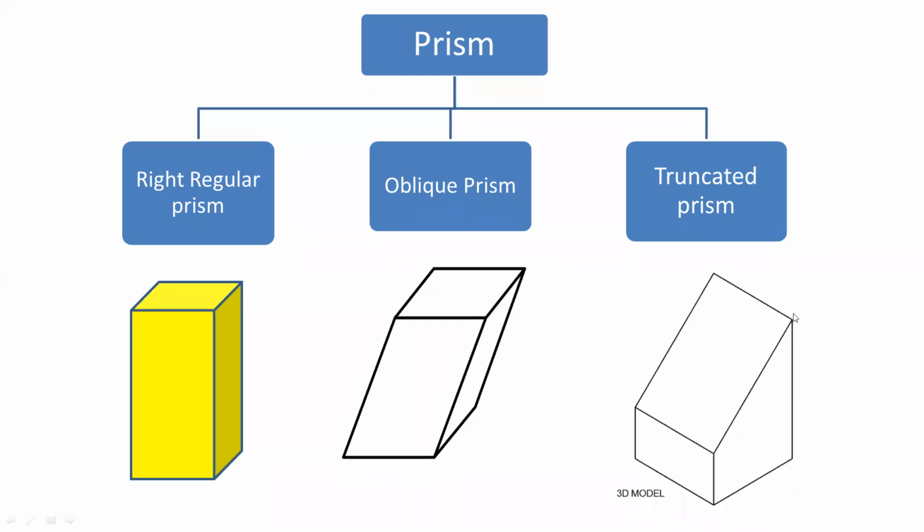So this is the truncated square prism. That means the square prism in the first diagram is cut by the imaginary plane. That plane is inclined with the horizontal plane, and the remaining portion of that prism becomes the truncated prism. Okay, so these are some types of the prism.